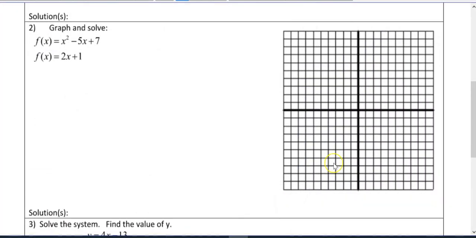So I come back to my grid, and I'm going to put on 1, 3, 2, 1, 3, 1, 4, 3, 5, 7, and 0, 7.